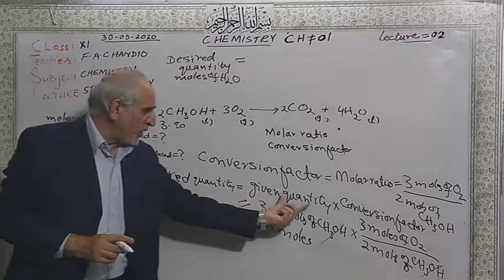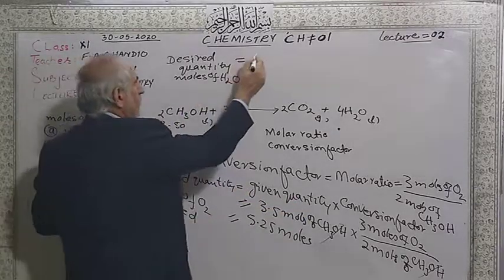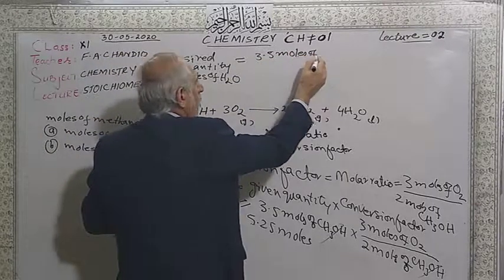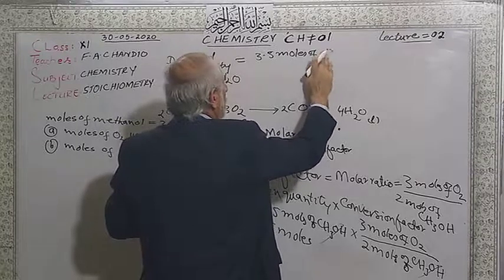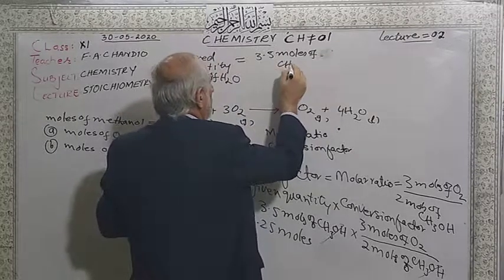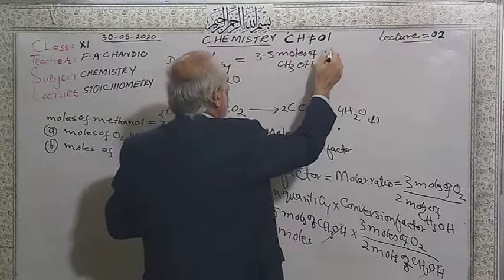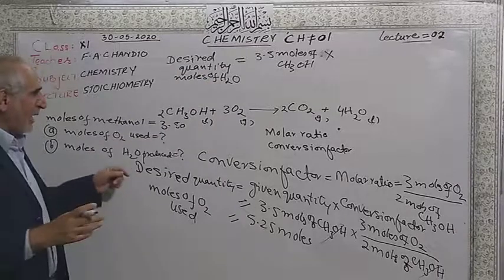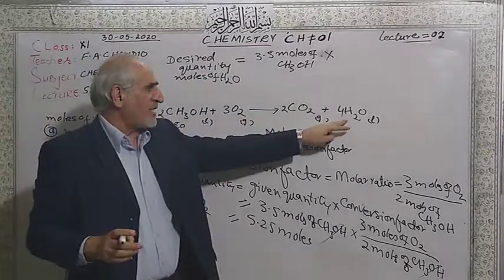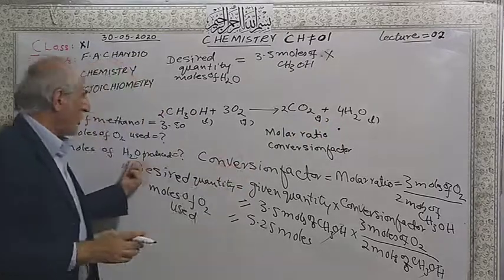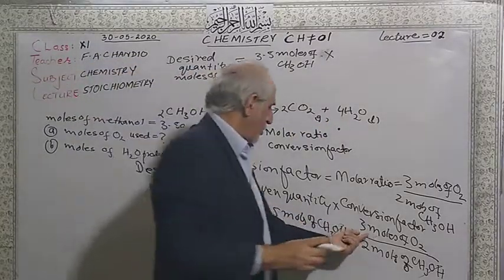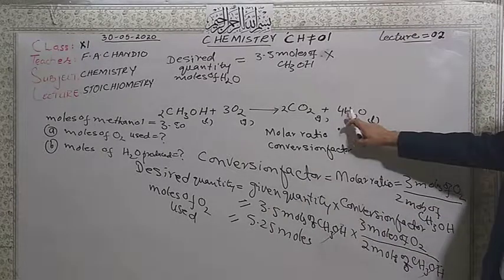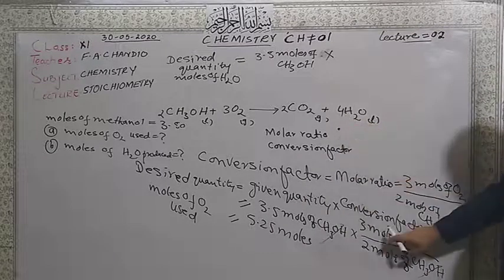Same formula. Given quantity again 3.5 moles of methanol multiplied by conversion factor. So dear students, here water is the question for us. That's why instead of 3 moles of oxygen, you have to write 4 moles of water in the conversion factor.